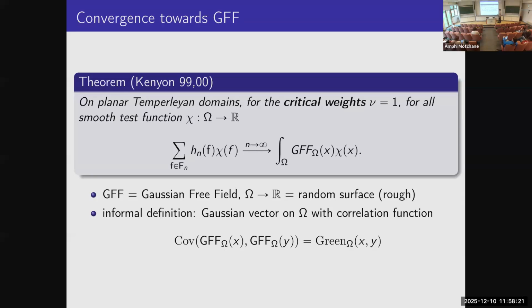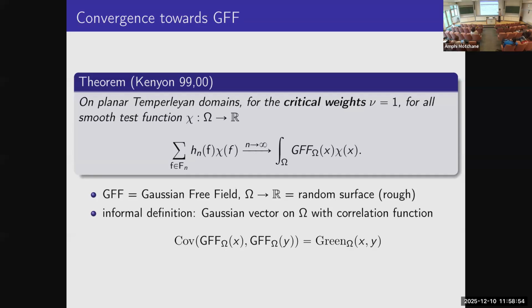Okay. So with this boundary condition, if you look at the centered height function, it converges towards the Gaussian free field. The Gaussian free field is not defined pointwise. It is a rough random surface. It is defined in the sense of distributions only. An informal definition is that the Gaussian free field is a Gaussian vector with correlation function given by the Dirichlet Green function of the domain.